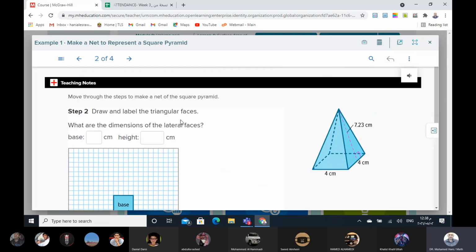draw and label the triangular face. What are the dimensions of the lateral faces? As you see here, the base of the triangle will be 4. So write here 4. Then the height of the triangle will be 7.23.